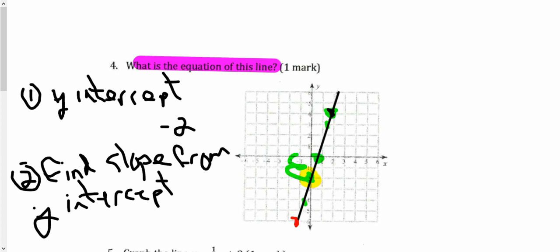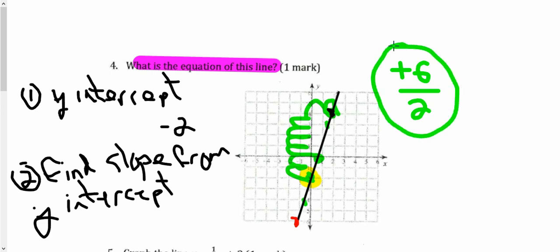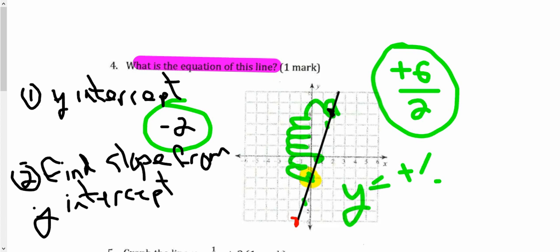Okay? Right. So, now, if I want to go from my y-intercept right there to where that +4 is, I've gone up 1, 2, 3, 4, 5, 6. And then I'm going to go over 1, 2. So I went up 6, so I'll go +6, and I went over 2. So all I'm going to do now is take this and put them together. So I'm going to go y is equal to 6 over 2 x minus 2.